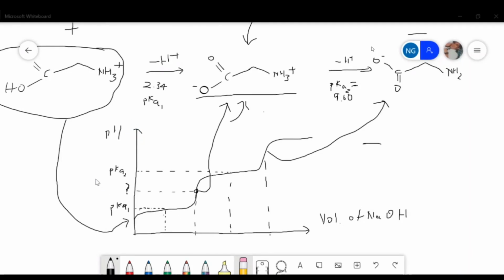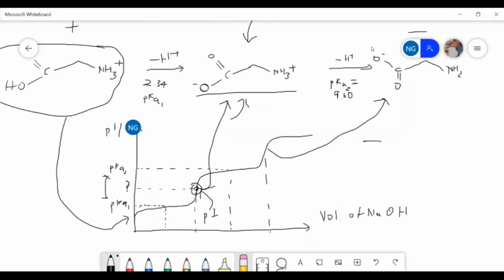So this pH over here, for polyprotic acid titrations, is equal to the average of these two. Yeah. So at this point over here, we call this pI because this is where all of it is the neutral amino acid, right?